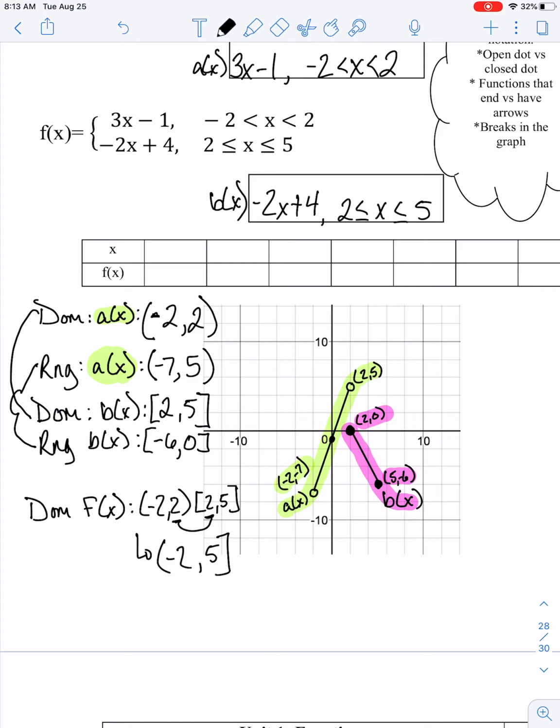And you're going to kind of use the same concept with range. Range of f of x is your 2 smaller ranges we made, just put together. So my smallest value here is -7. So it still must start at -7. -6 is my next smallest value.